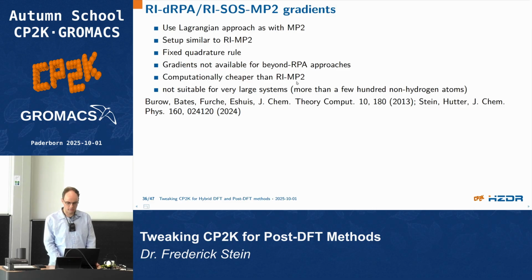Generally, it's also significantly more expensive than RI MP2, especially for larger systems. But it's not suitable for very large systems. If you're interested in that, we have a low scaling implementation available, which should be more suitable for that purpose. But I think it should be too expensive if you're really interested in simulations, not just single static calculations.